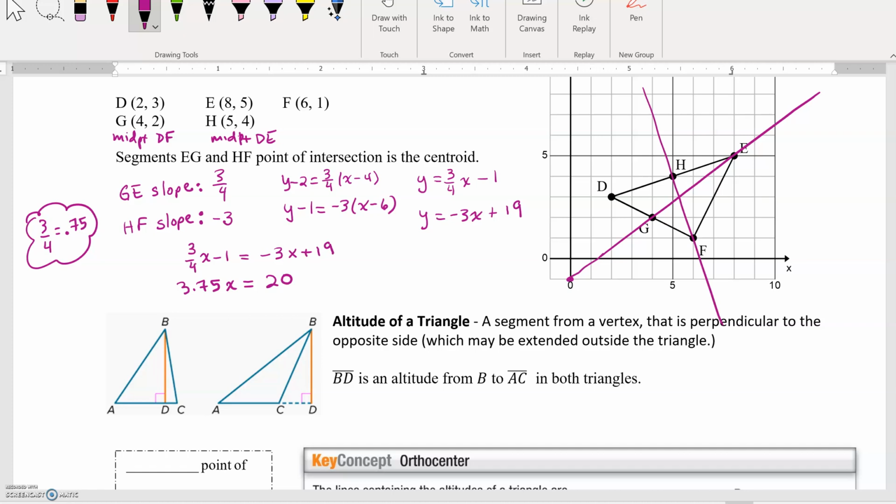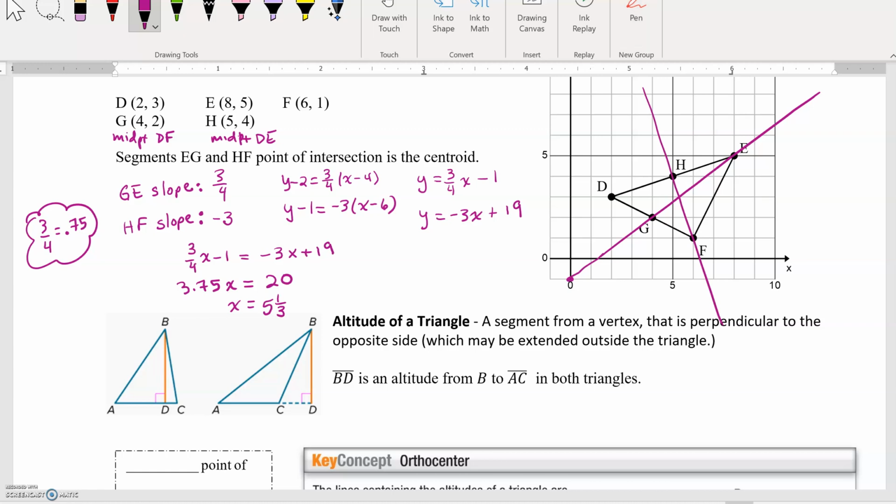And then I'm going to divide 20 by 3.75, and I get that x is 5.3 repeating, so I'm going to change it back into a fraction of 5 1/3.